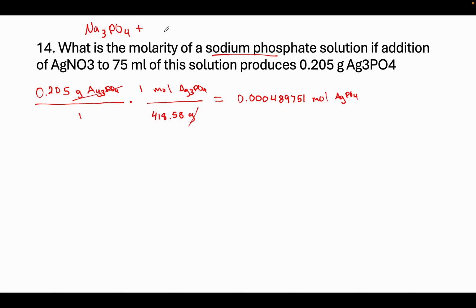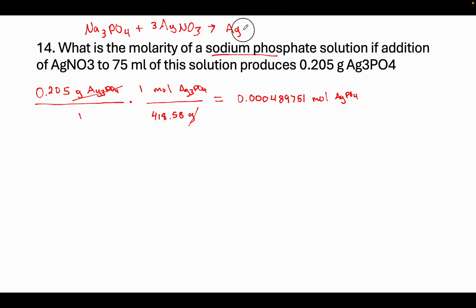We need 3 AgNO3 so that it's all balanced out. Remember, it's got to be balanced. That's going to react, and we're going to get Ag3PO4, silver phosphate.